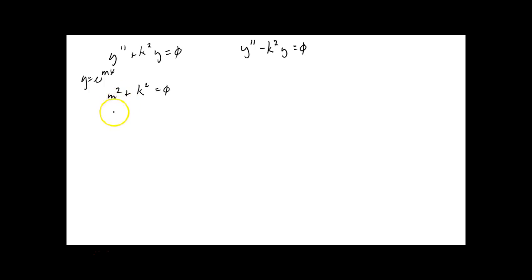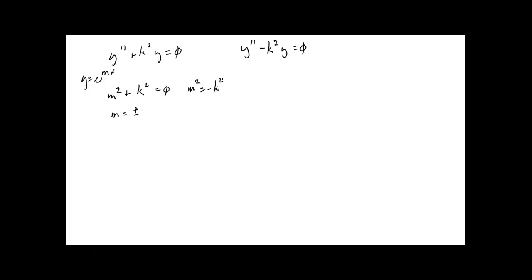And do we know what the solution for that is? Not quite. I'll even put in the plus or minus for you. M squared equals minus k squared.